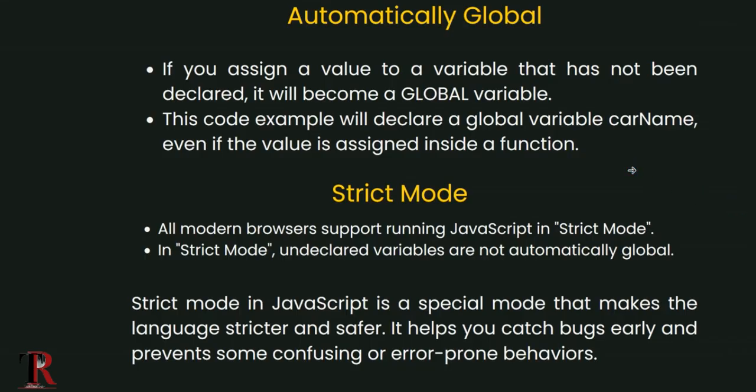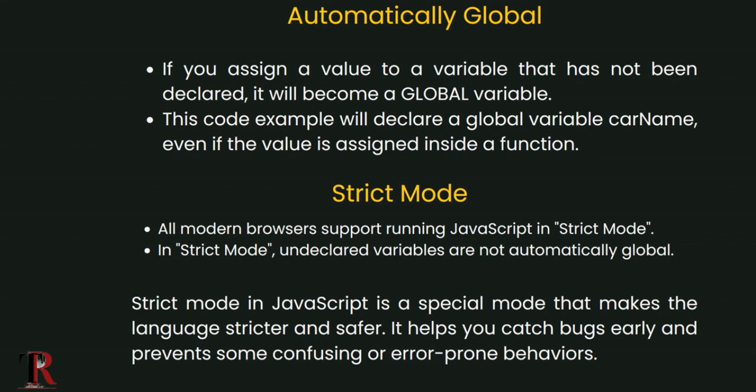Now, if you assign a value to a variable that has not been declared, it will become a global variable. The code example I'm going to show is going to show how a variable can become automatically global, which is when you assign a value to that variable even though it has not been declared.